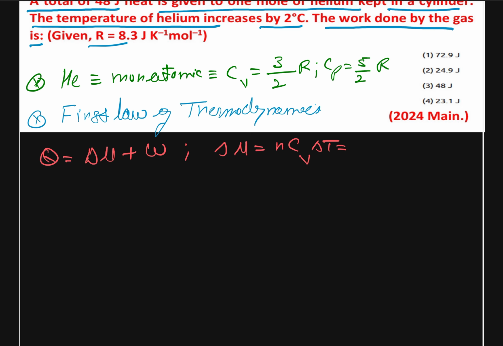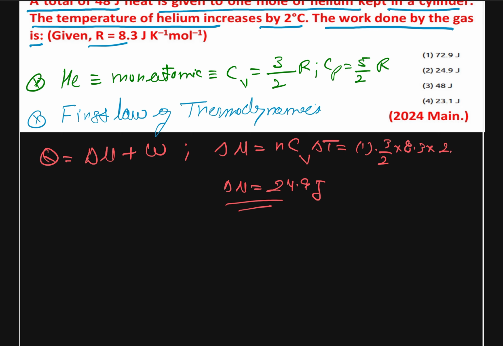Number of moles is 1, C of V is 3 by 2 times R, R is 8.3, and the change in temperature is 2. Therefore, we get delta U is equal to 24.9 joules.